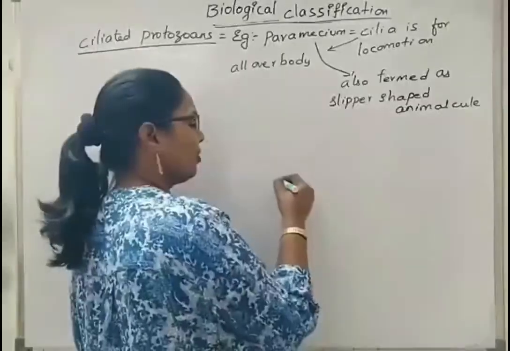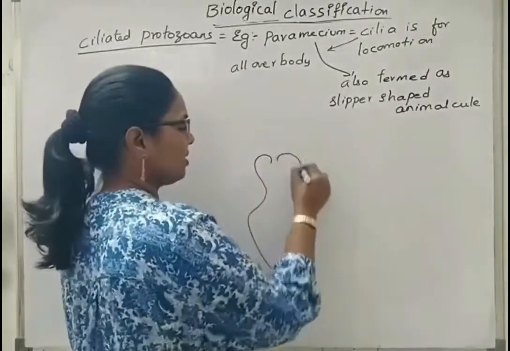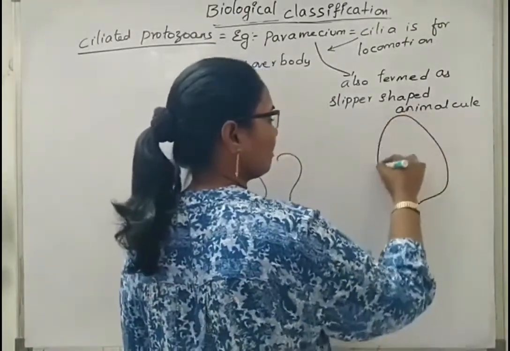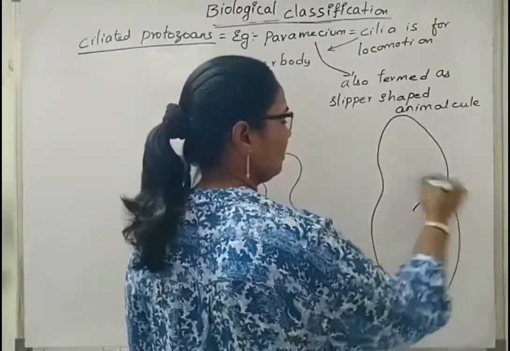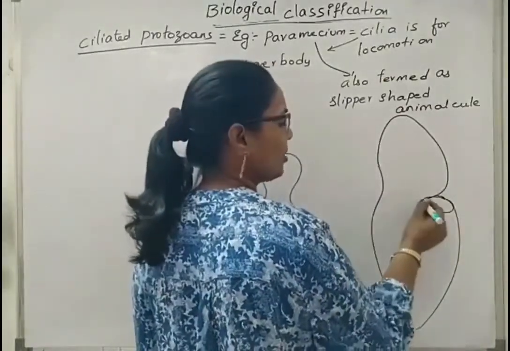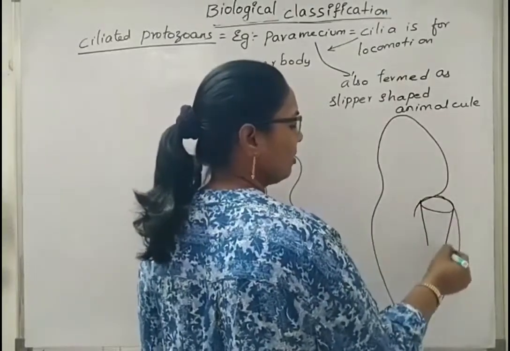In Euglena, we have seen the structure is like this, but in Paramecium we see the shape of the organism like this. Here there is a special structure called the oral groove.